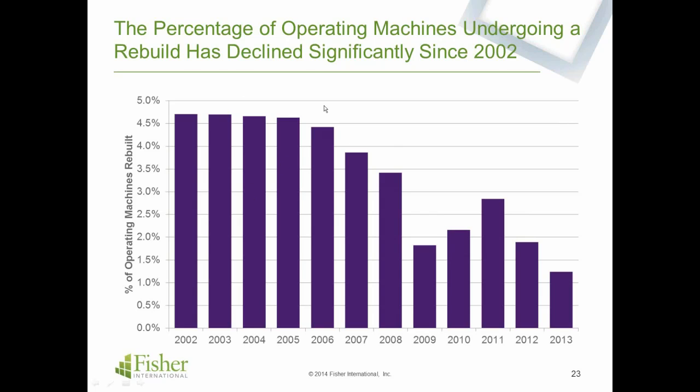And we see that in the early 2000s, the industry was rebuilding around 4.5% of the operating machines each year. And we started to see a slight decline and then a pretty sharp decline when the recession began. And we began to drift back upwards, and then we've declined again to where now, globally, the industry is rebuilding just between 1 and 1.5% of the operating machines each year.